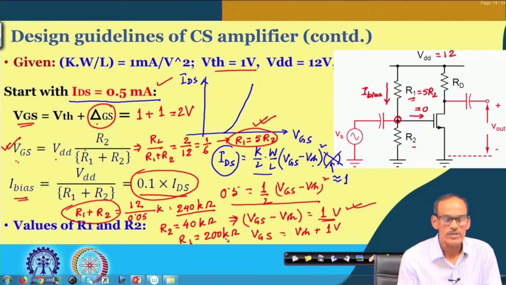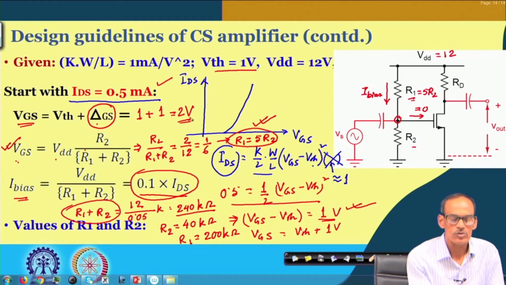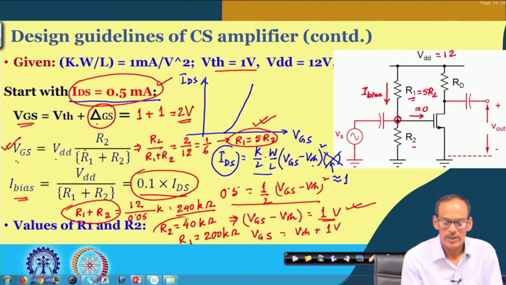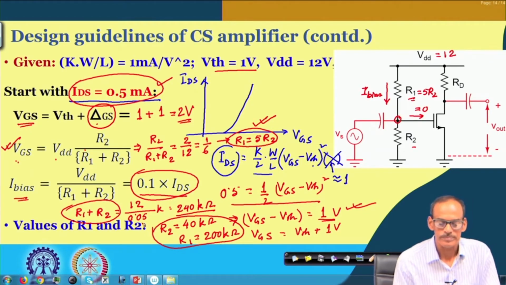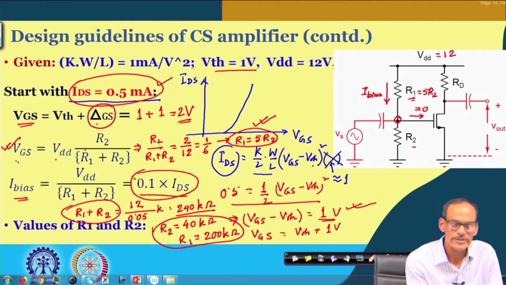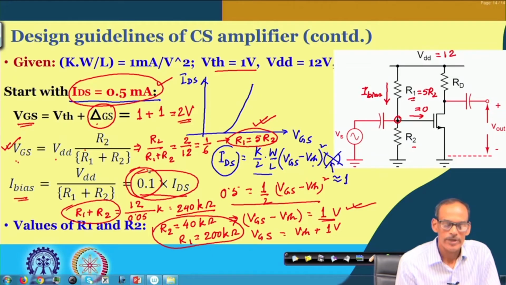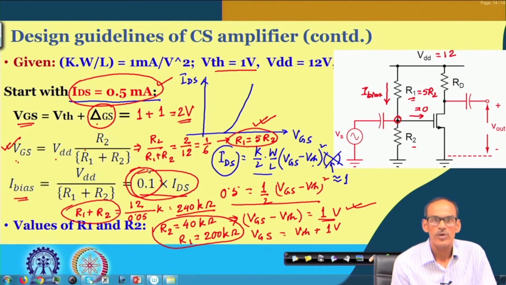So, to achieve this 2 volt, or to be more precise, to achieve this target current, we can directly use these R1 and R2. In fact, you may find some other solution in case you are looking for a different bias current, but this is one meaningful solution, and we want this current to be smaller because of power dissipation, of course.